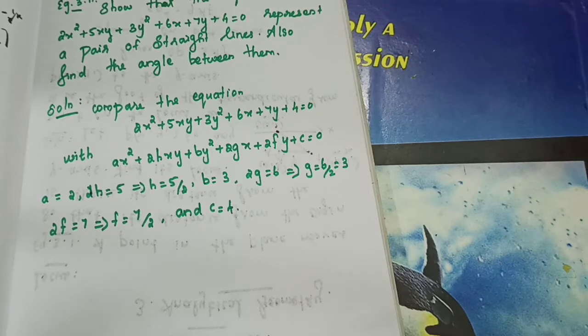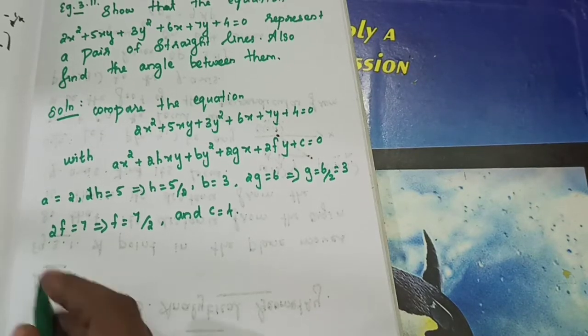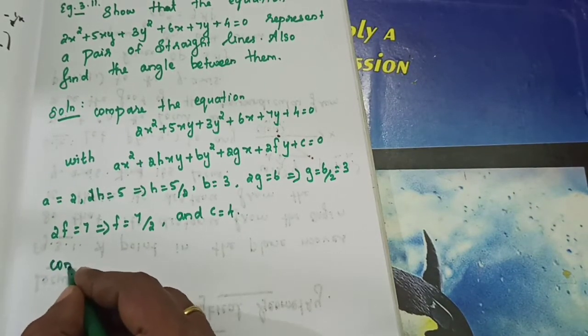Now we need to show that the given equation represents a pair of straight lines. Last class I gave the condition, so we are going to write the condition. What's the condition? I explained in the first class.